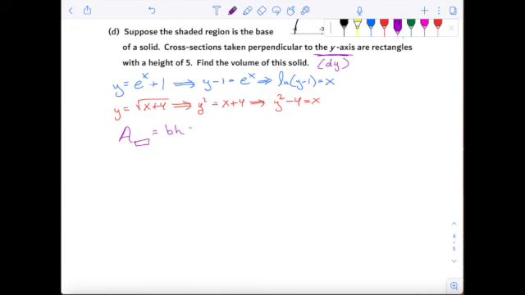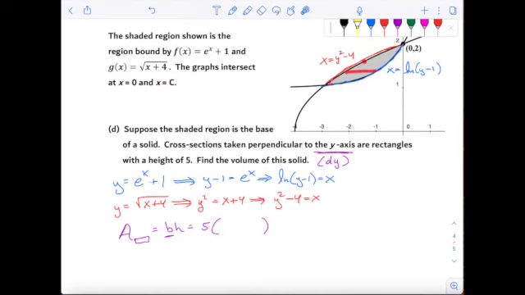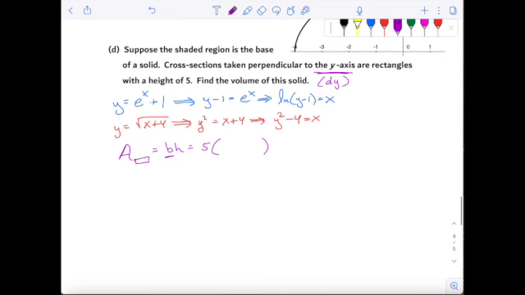We've been given that. So it's 5 times whatever your base is. Now the base is that distance between those curves. And so just be careful here. The base is the distance between them, and again, distance when you're going horizontally, to describe it as a positive quantity, you want to do the right minus the left.